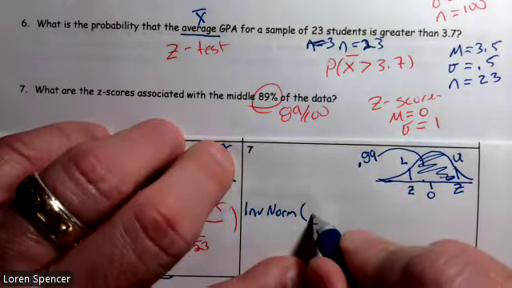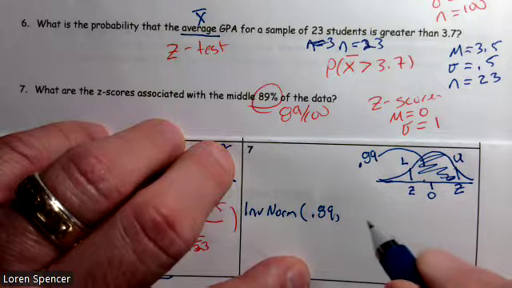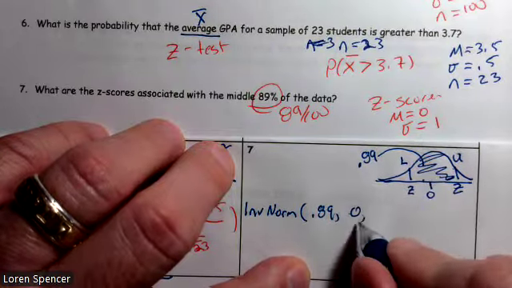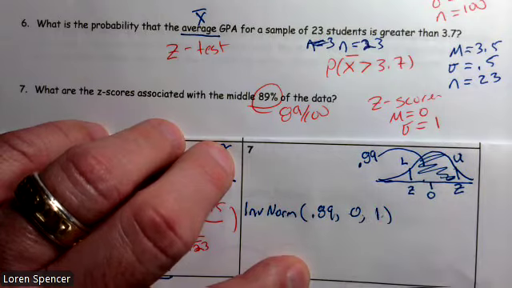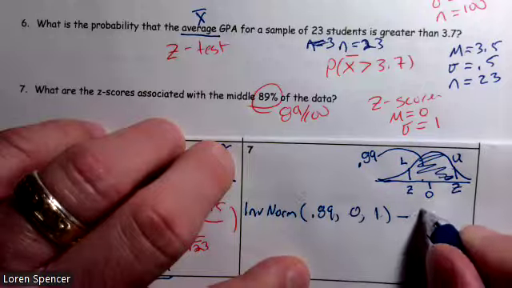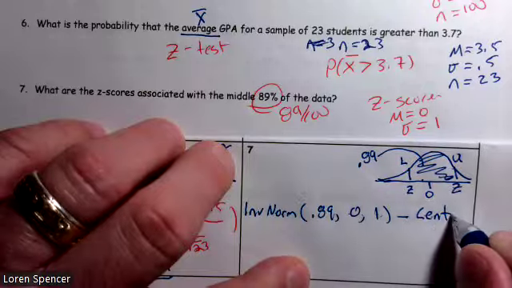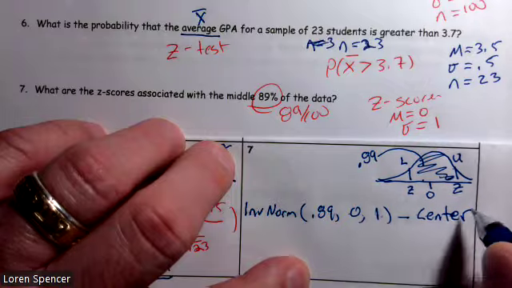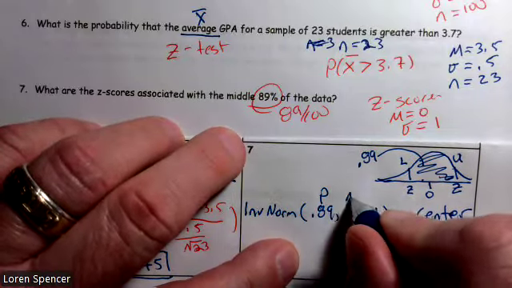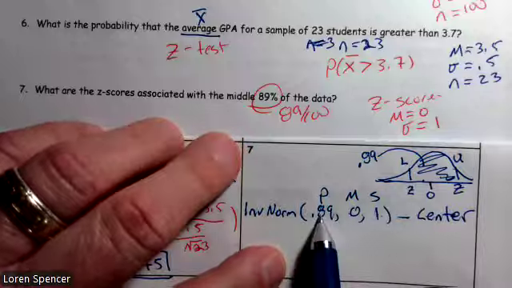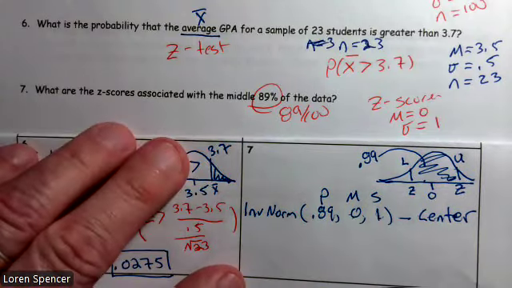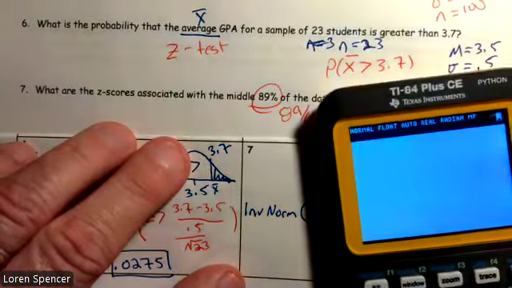The area is the first thing it'll ask for, so 89. All z-scores have a mean of 0 and a standard deviation of 1. And I need where it's located, and this is center. In this case, this is my P, M, S: my probability or percent, my mean, my standard deviation. Let's go ahead and run this thing.